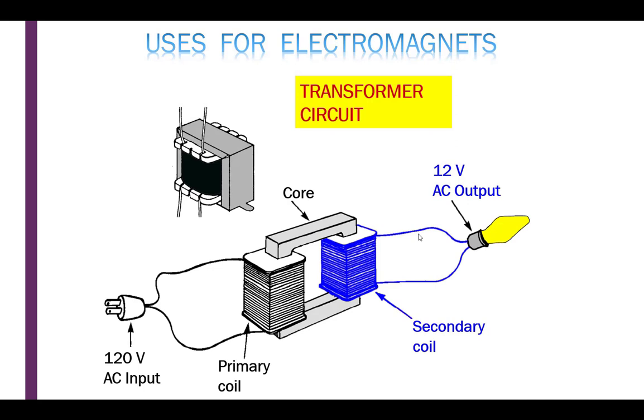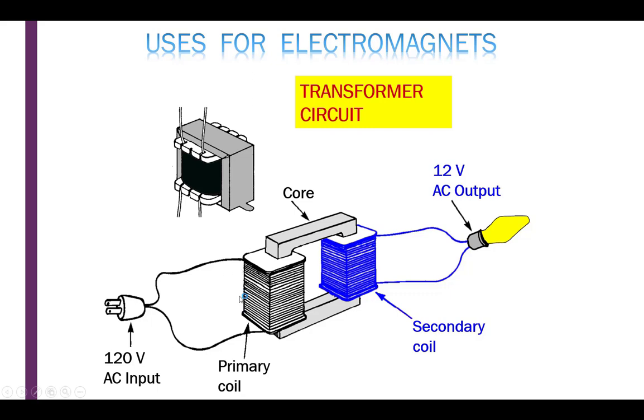Transformers are an important component in electrical applications, and we'll learn more about them in a subsequent learning module. But notice here, I've got a voltage of 120 volts coming into one of the circuits of a transformer, the primary circuit or the primary coil.